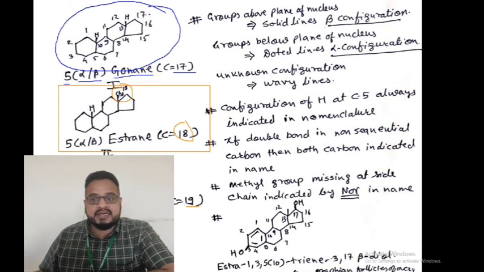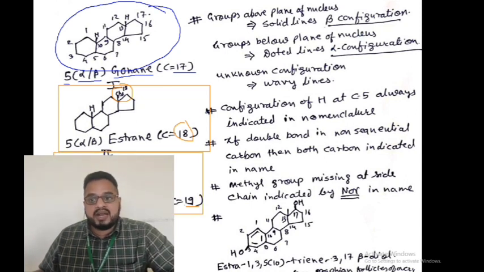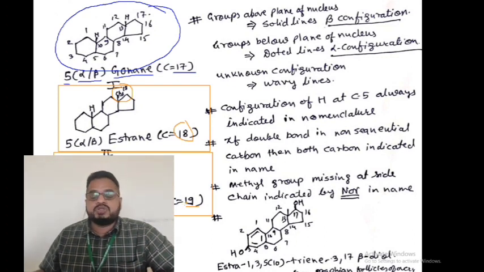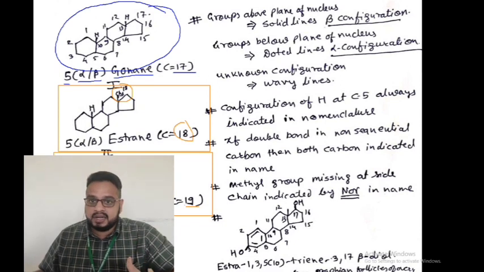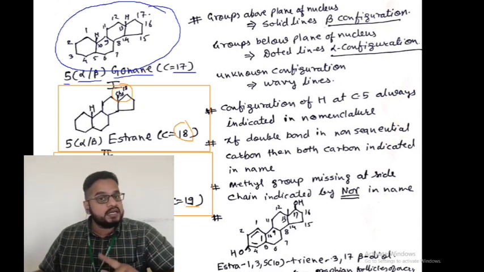19, where is the 19? This is 18, the angular methyl group, and this is 19, another angular methyl group. So that means one additional carbon in it. If the 19 carbons are present, we denote that as androstane. 17 gonane, 18 estrane, and who is 18?